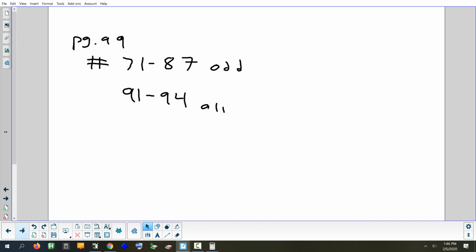All right. So the homework on page 99 is 71 to 87, odd, and then 91 to 94, all. If there is no class tomorrow, then we're going to skip 2.1 part 3 and have our test on Friday.